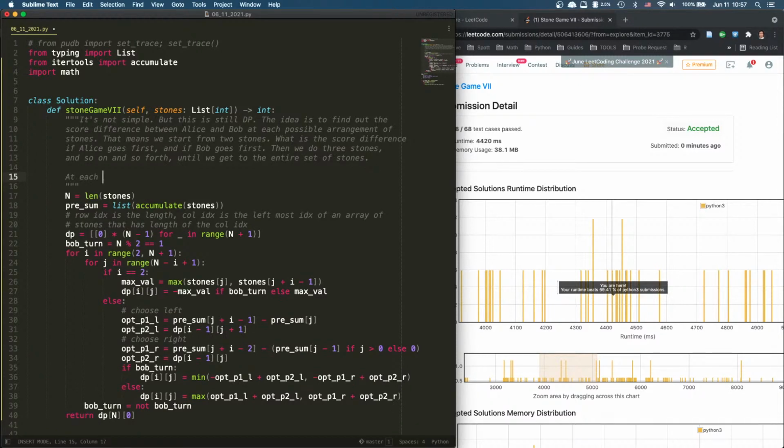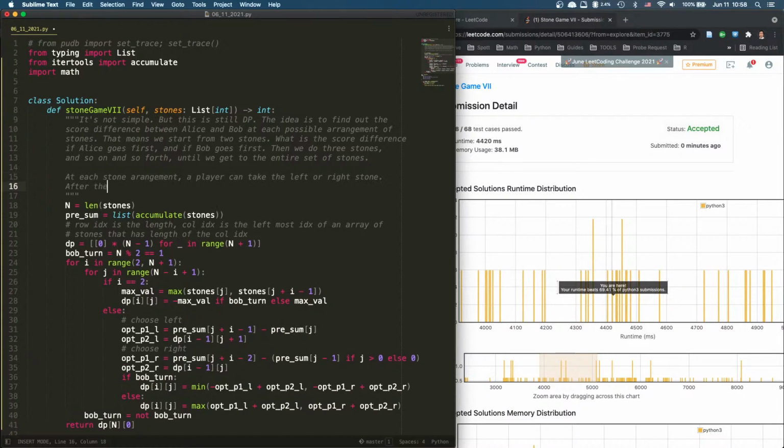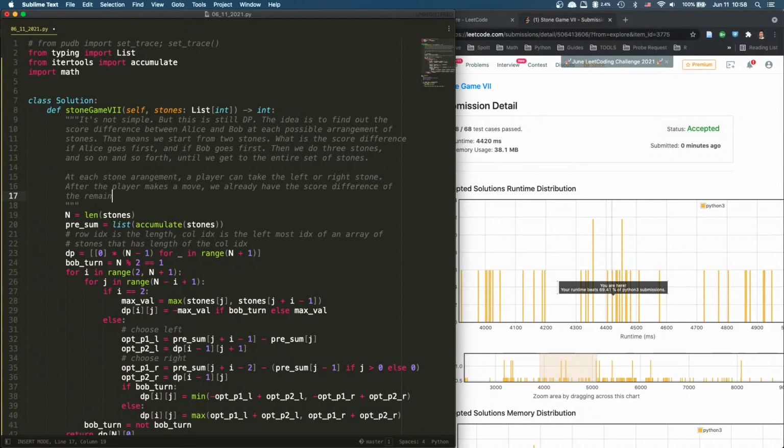At each stone arrangement, a player can take the left or right stone. After the player makes a move, we already have the score difference of the remaining stones, right?